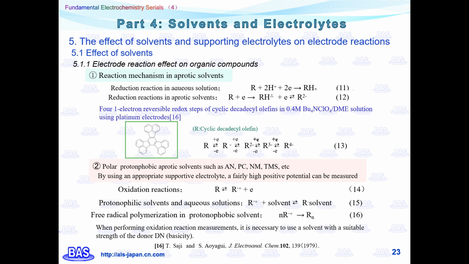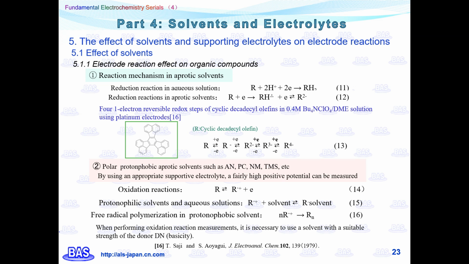Also, in polar protophobic aprotic solvents such as acetonitrile, propylene carbonate, etc., by using an appropriate supporting electrolyte, it can be measured to very high positive potentials, and even the oxidation of benzene, which is difficult to oxidize, can be observed.